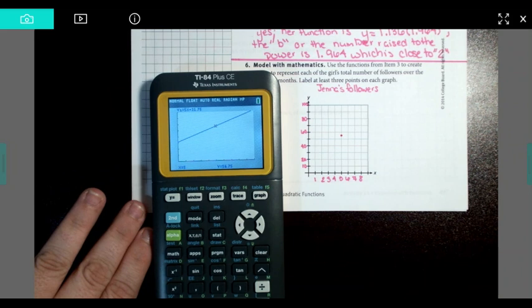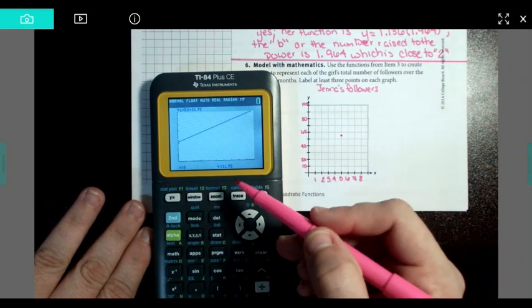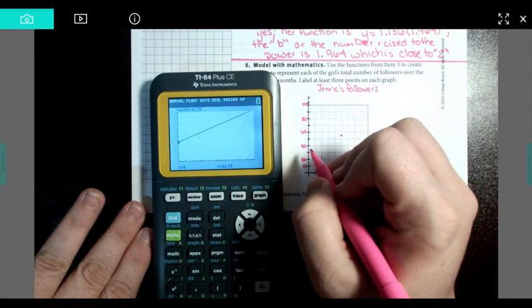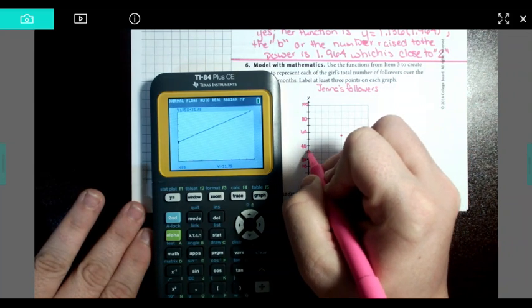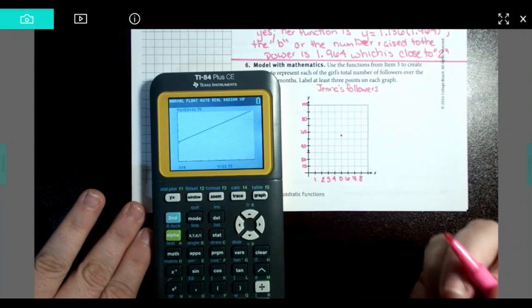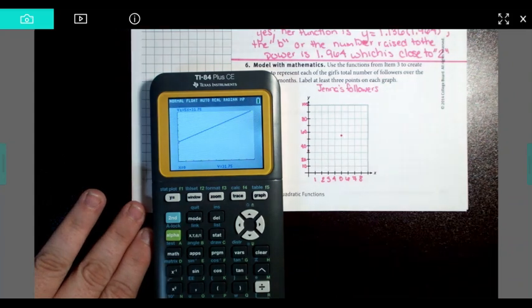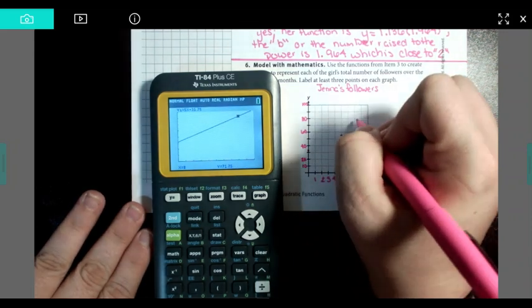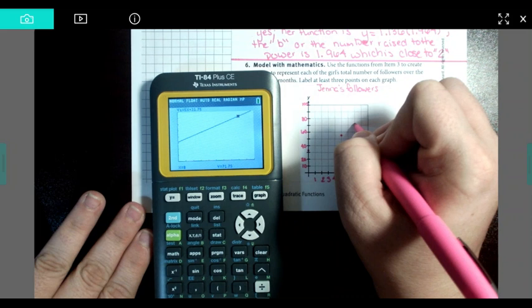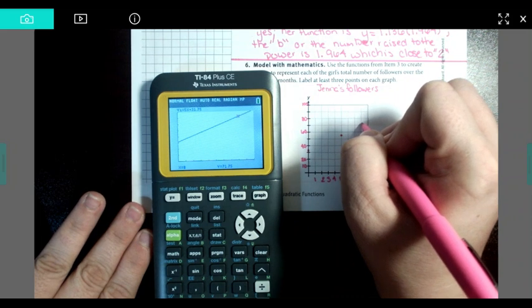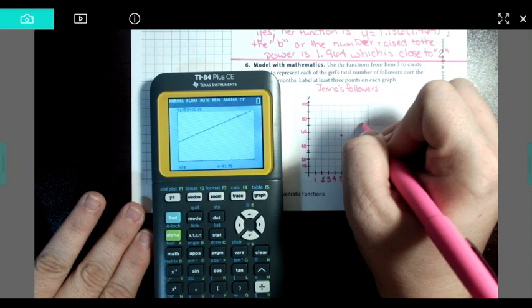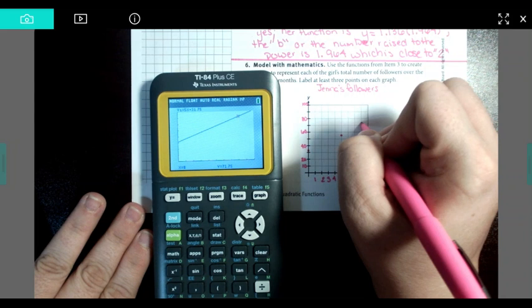Okay, let's find another value. Let's find a value at 0. 0 is approximately 31. So right about there. Okay, let's find 8. 8 is approximately 71.75. Right about there.